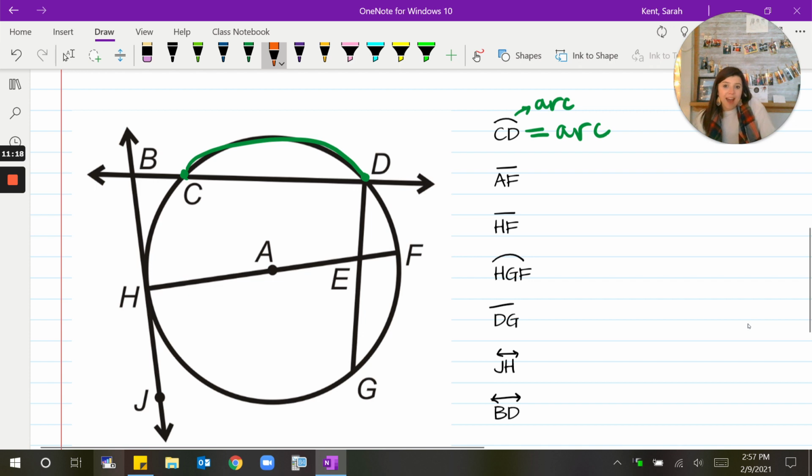If we look for AF, here we want a line, A out to F, this would be called a radius because it's center to edge. Next we want H to F, so here's H, we want to go all the way to F. Since these go edge to edge through the center, this is a diameter.